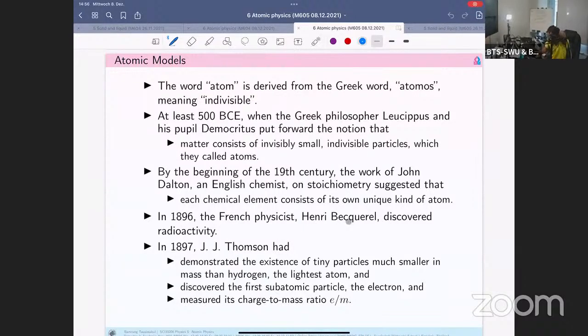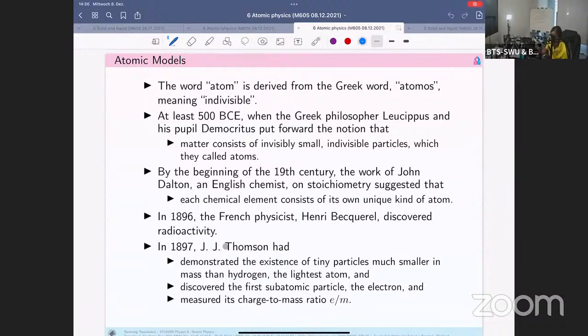This guy still didn't discover the atom, but he found that a special substance can produce electromagnetic waves in terms of light or other radiation. And that phenomenon is called radioactivity. It's not straightforward to the atomic model, but it could be seen as a development about atomic models.